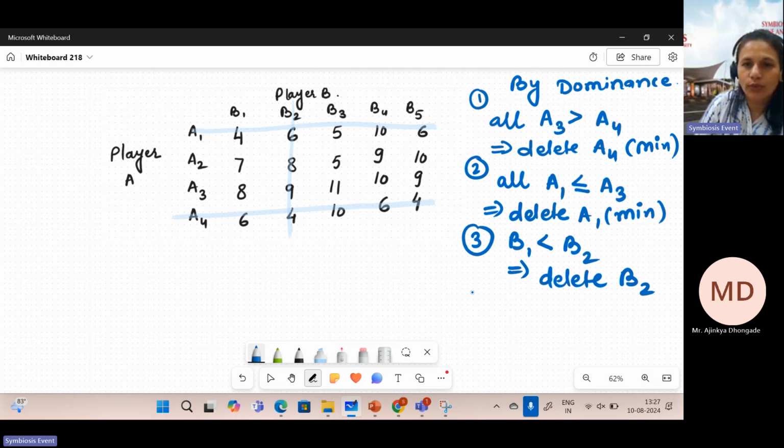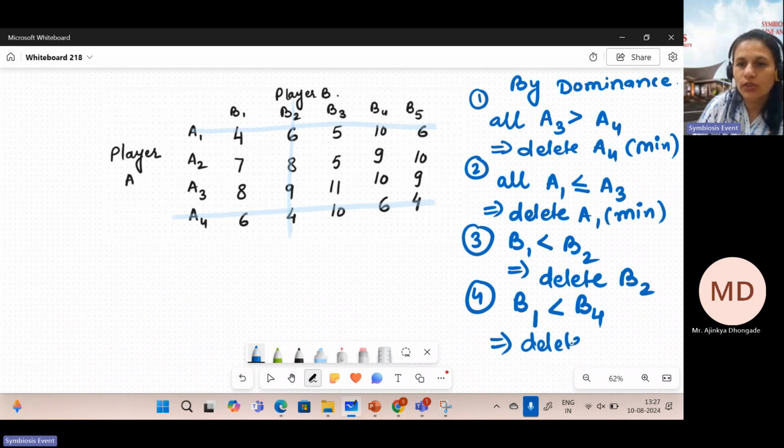Step 4. Again pick any one. 9 is greater than 7, 10 is greater than 8. So I'm getting B1 is lesser than B4. So which one am I going to delete? I'm going to delete the larger one, B4.